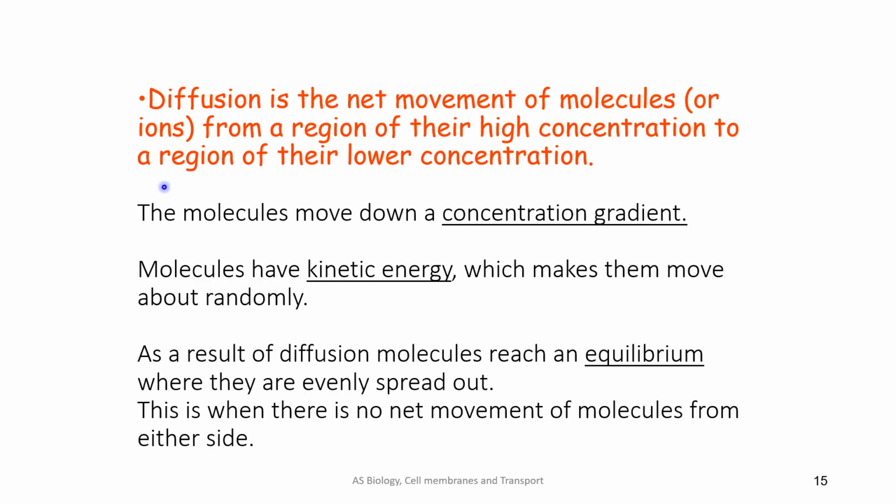So, like we just said, diffusion is the movement of molecules from a region of high concentration to low concentration. And when we're talking about those concentrations, we're talking about the concentration of the molecule. So in other words, a molecule is moving down its concentration gradient, which means it's moving from a high to a low concentration.